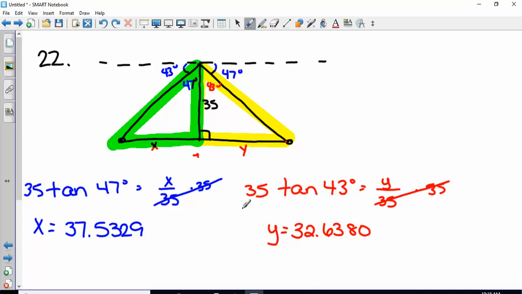Then, to find the total distance apart, you just have to add those two answers.